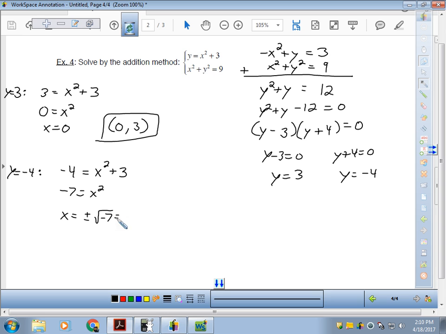Because it's a negative, that's an imaginary, so this would really be plus or minus i square root of 7. So that would be an imaginary solution that would work. So you'd have i square root of 7, comma negative 4, and negative i square root of 7, comma negative 4.